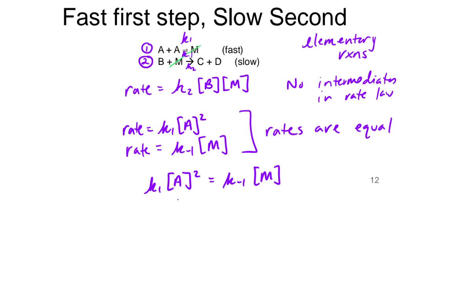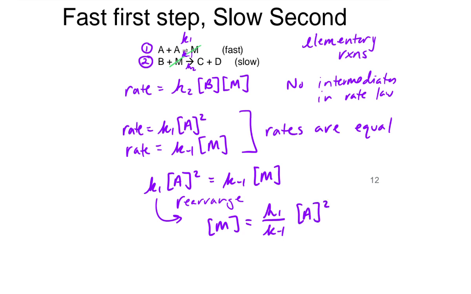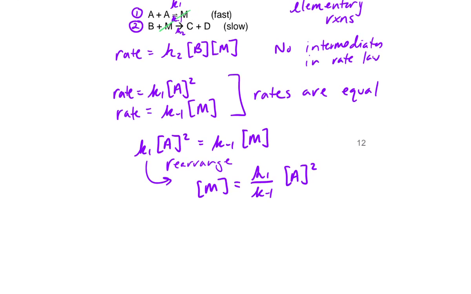So if we rearrange this equation, we're going to end up with the concentration of M equals K1 over K minus 1 times the concentration of A squared. And now we can plug this into the slow step rate law.